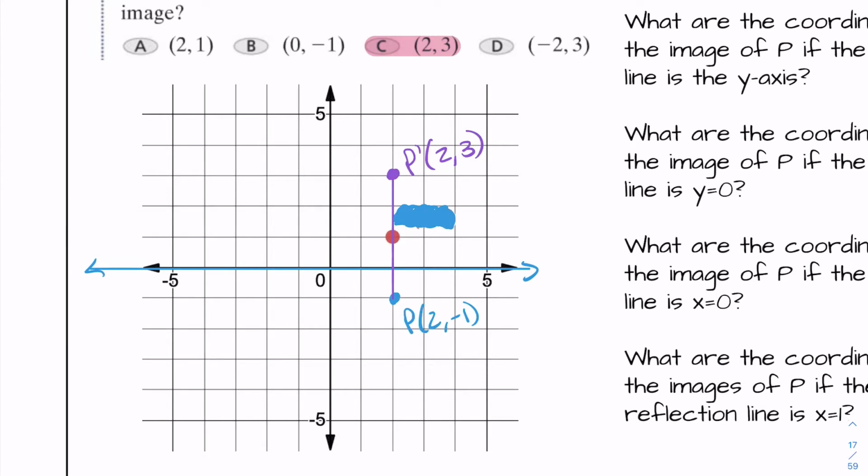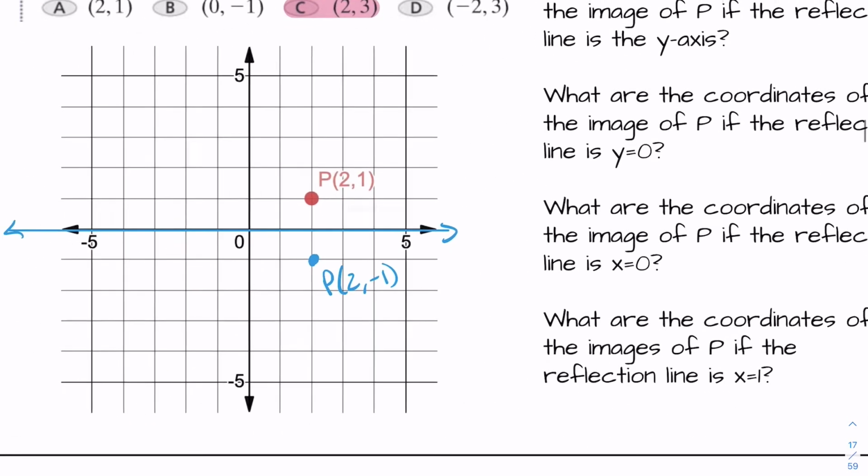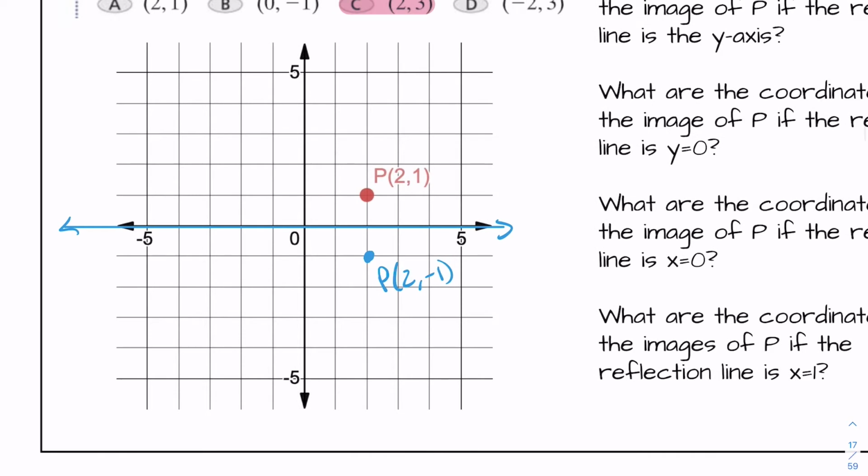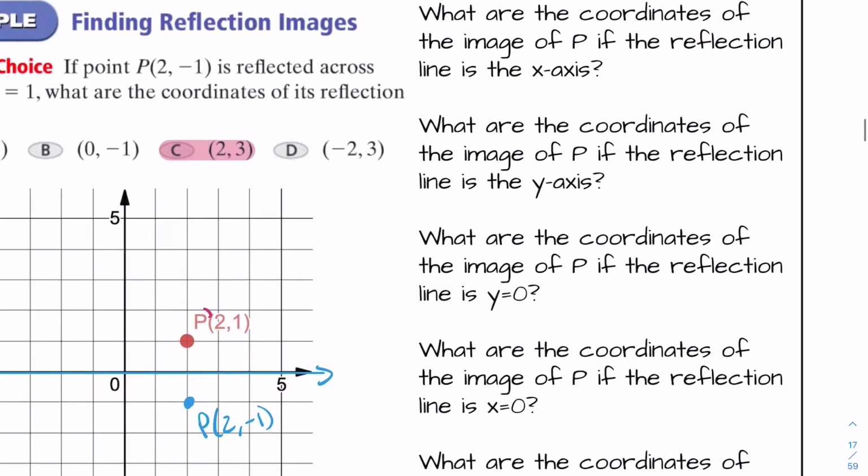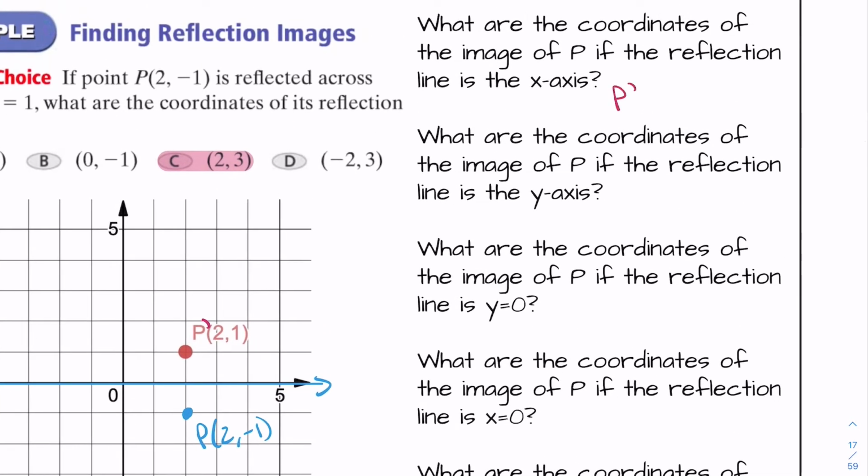And instead of being there, it's actually where this other point is. So that's a reflection across the x-axis. You know what? That's probably the question I was trying to answer when I made it. So here's P prime, which is at 2, comma 1.